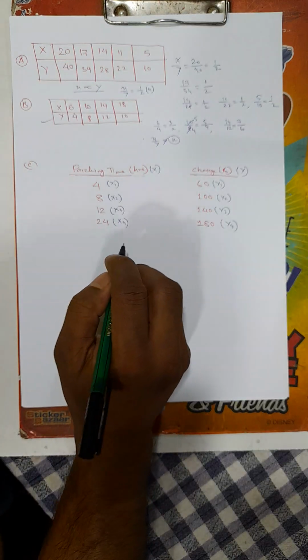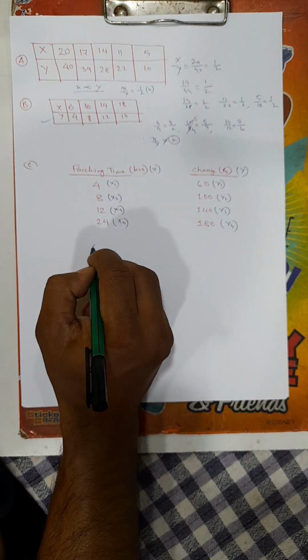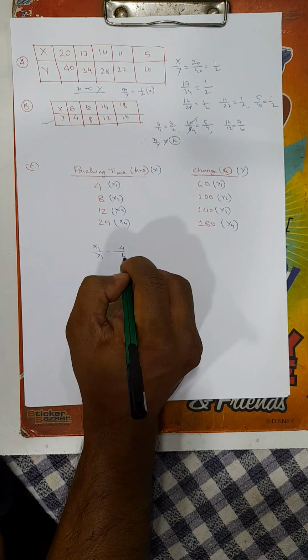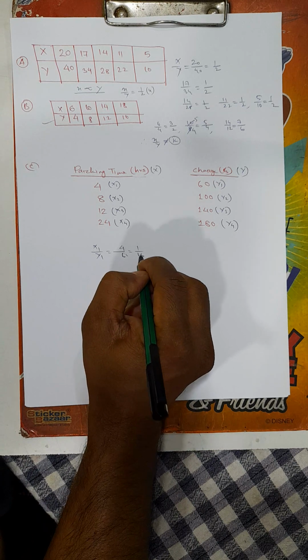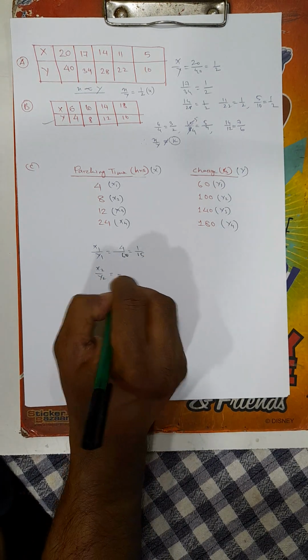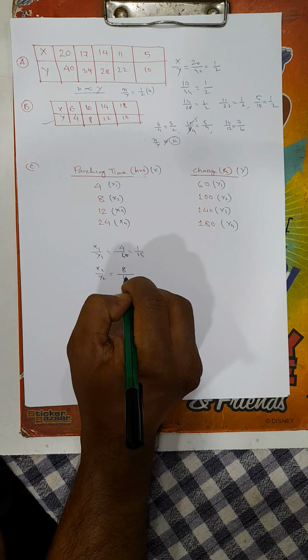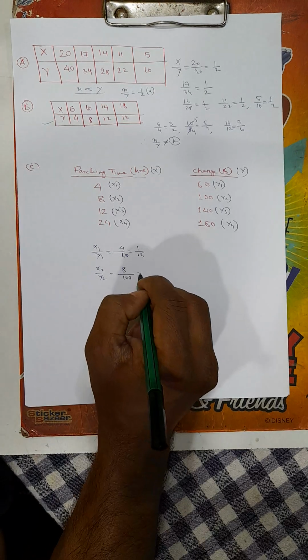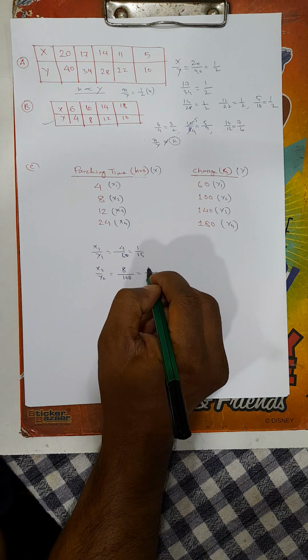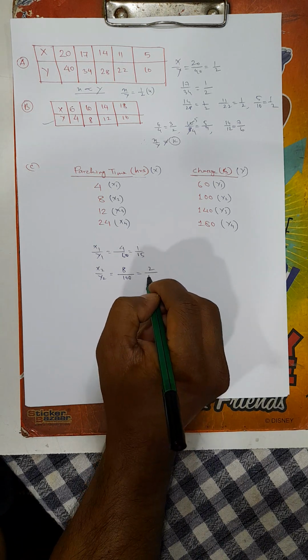Now let's see the ratios here. x1 divided by y1, 4 divided by 60, this is 1 by 15. x2 divided by y2, you see 8 divided by 100. If you simplify this, 4 1s are 4, 4 2s are 8, 4 25s are 100, so 2 by 25.